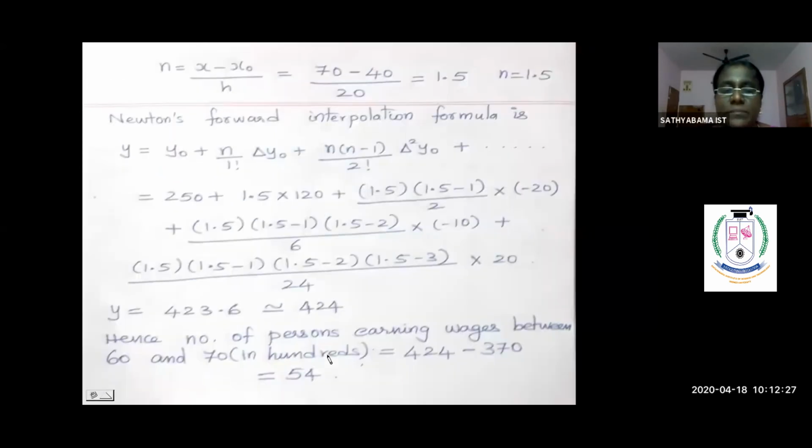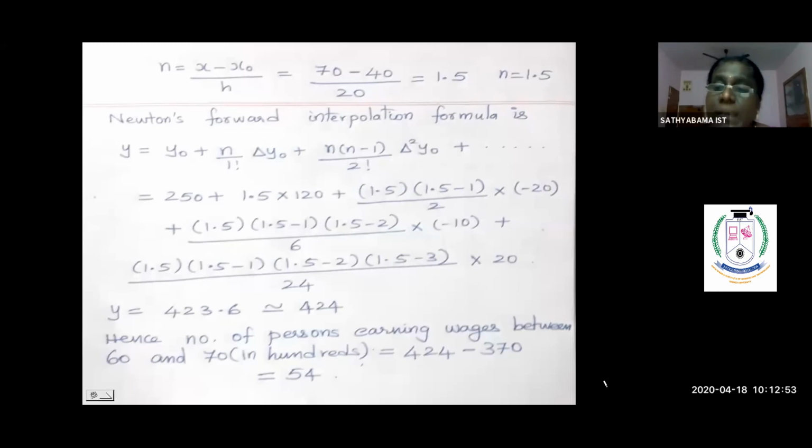Okay, right. So I'm calculating for which the n value is this. x is 70, x naught is 40, n is 1.5, and therefore using Newton's forward interpolation formula, replacing from the forward difference table and n value, you are able to see y value is 423.6. What is y actually that we are calculating?